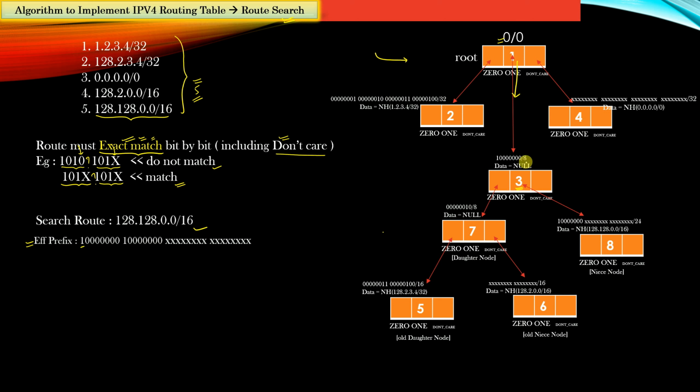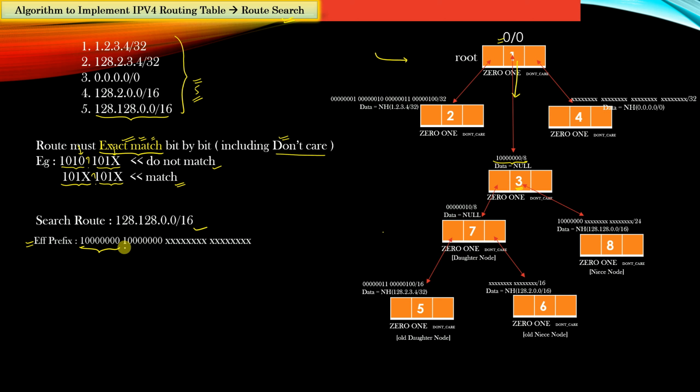The node number 3 has a prefix length 8, so I am going to compare the 8 bits of the effective prefix with the 8 bits of the effective prefix of the node 3, and they exactly match. Alright, so if they exactly match, then I will continue to traverse the mTry downwards.